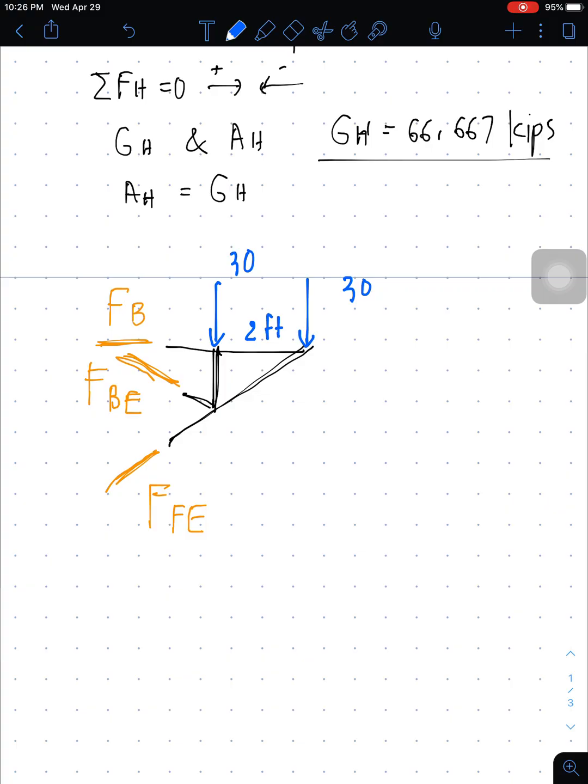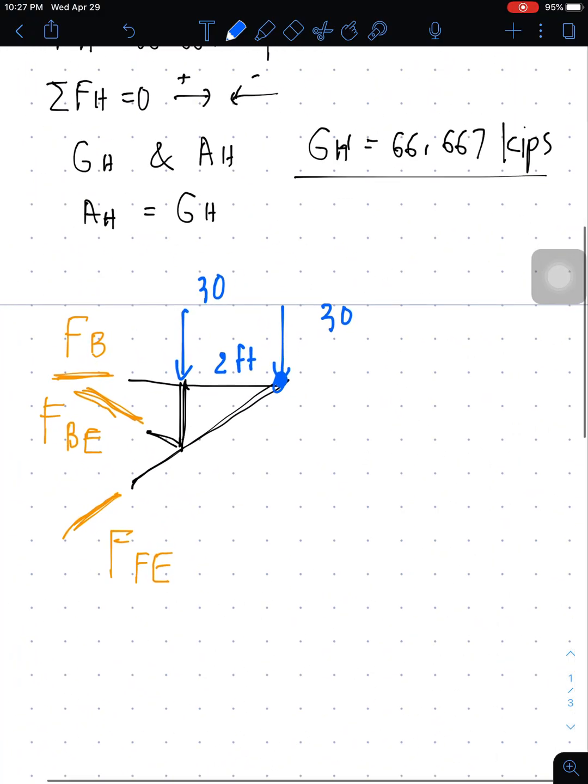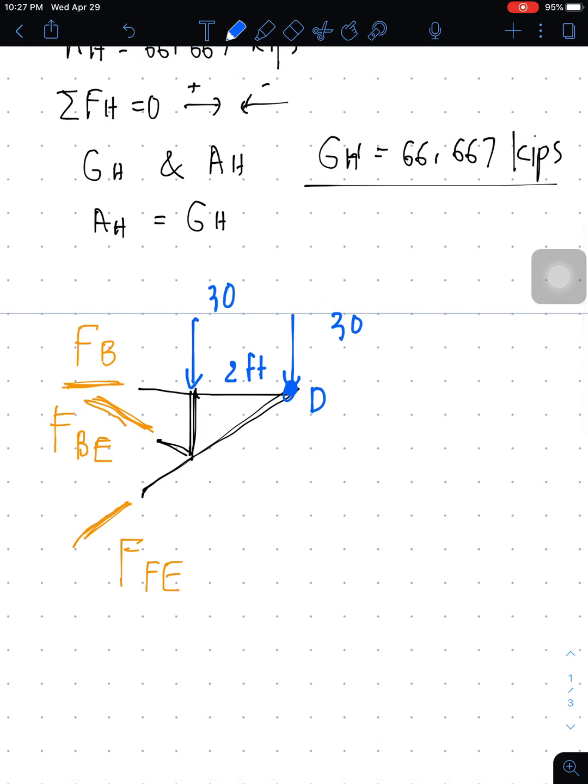At this point, the point there is D. So we take moment there. But how do we take moment when there is an inclined force? So we put a direction on it. For the force direction, we just put tension or compression.